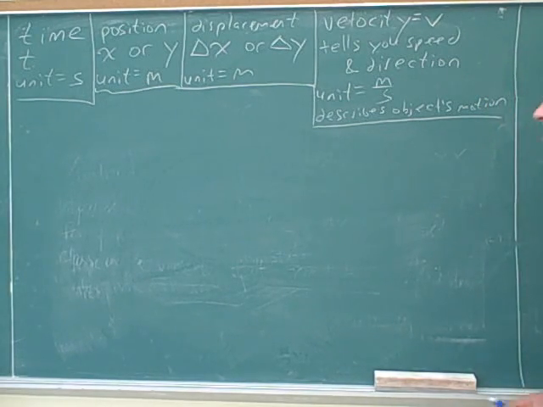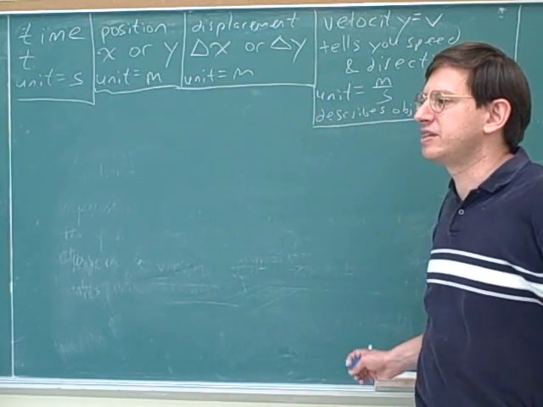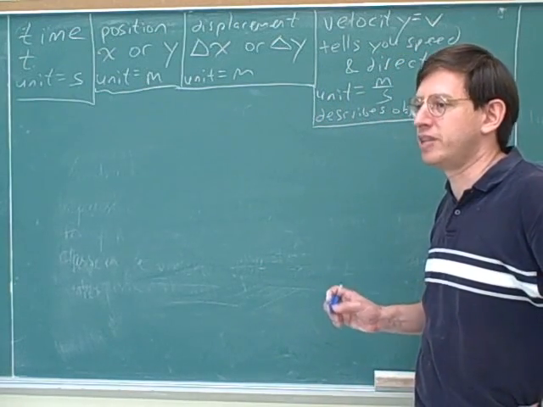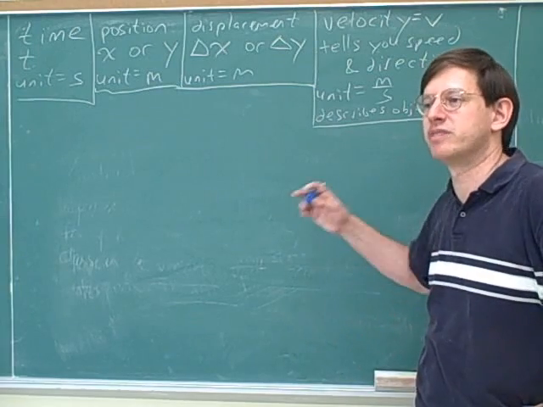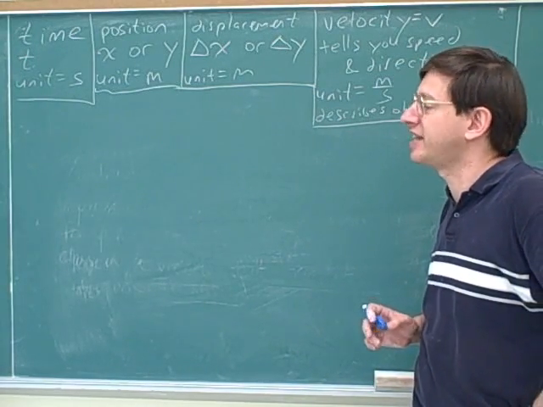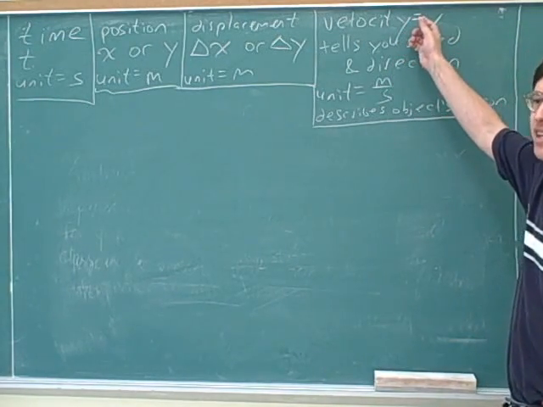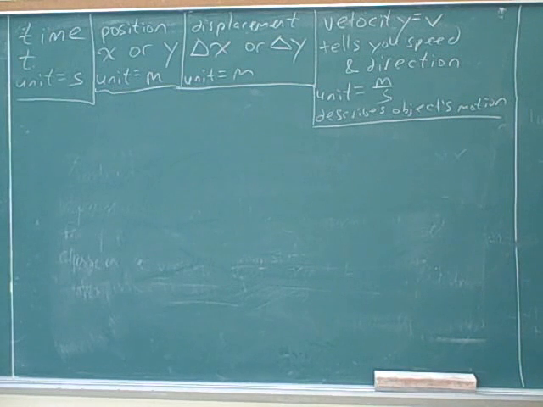By the way, the convention is, if someone doesn't say whether the velocity is average or instantaneous, you should assume that it's instantaneous, because that's by far the more important concept in the course. If they're talking about average velocity, they'd have to tell you so. Okay. So even though we haven't said so, this is the instantaneous velocity. Again, if we have time, maybe we can go back and talk about the average, because there is one or two questions about that in the homework, but I've never seen that on an exam.